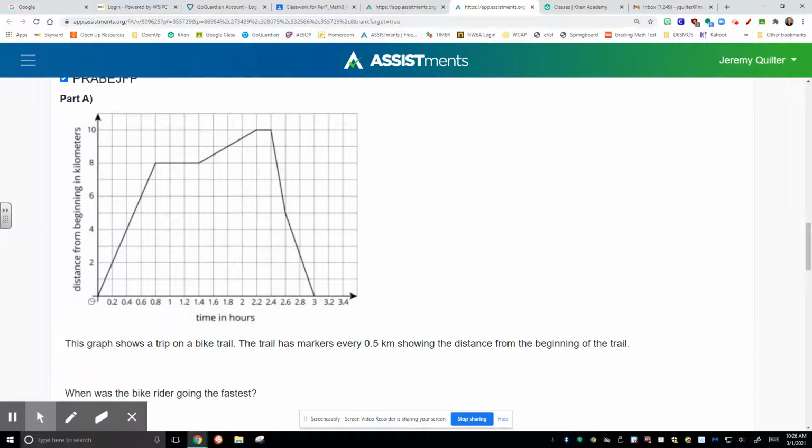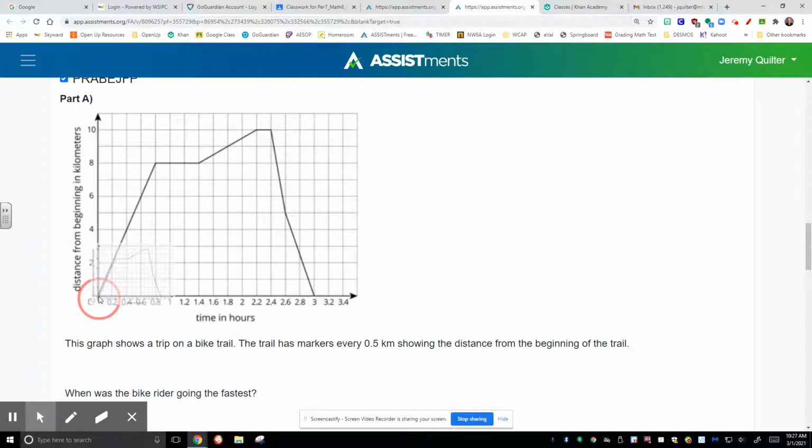Last one, you have a graph here and you have several different questions that'll follow to answer different things about this trip on a bike trail. And the trail has markers every 0.5 kilometers showing the distance from the beginning of the trail. So what we're talking about right here is the distance from the beginning in kilometers.